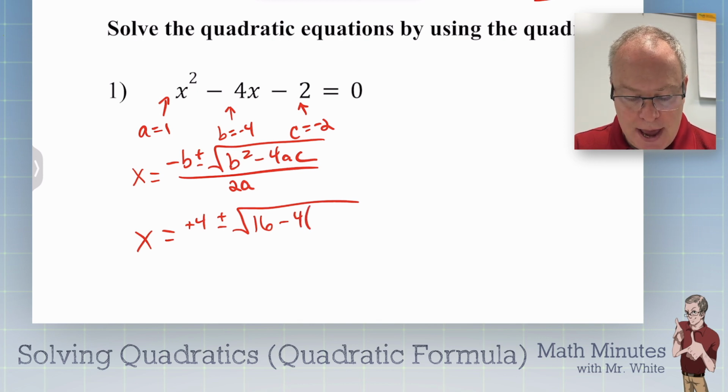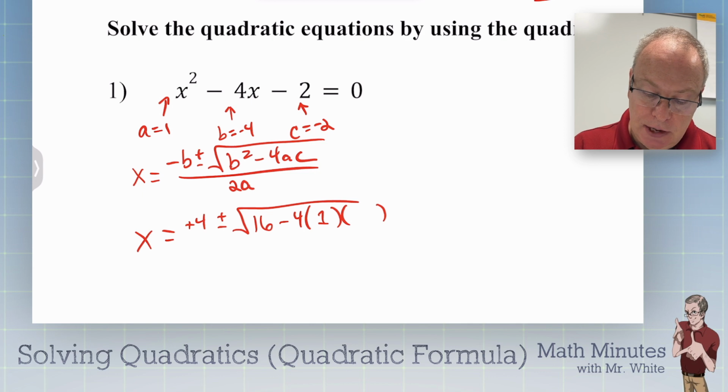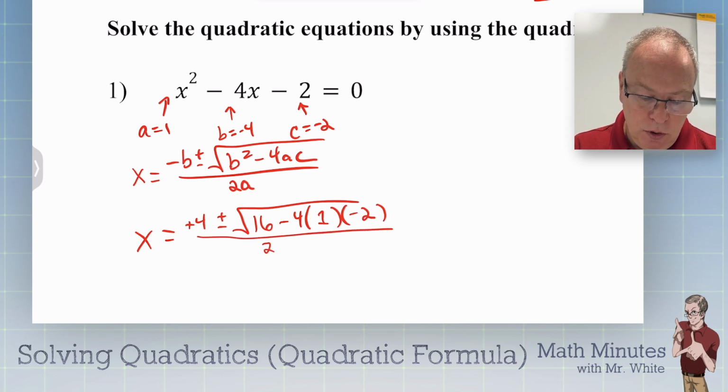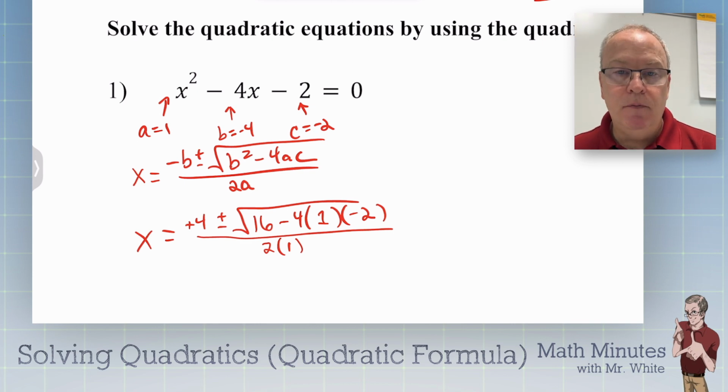Minus 4a, a is 1, c is negative 2 in this question, all over 2 times a. 2 times 1 in this problem. So most of the time, it actually comes up to be 1 for a. So it's pretty easy to plug that in.